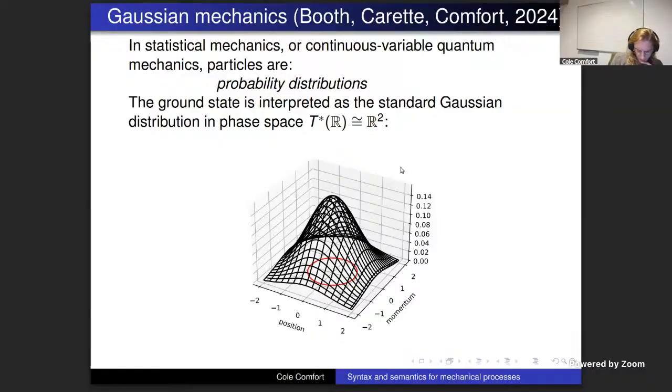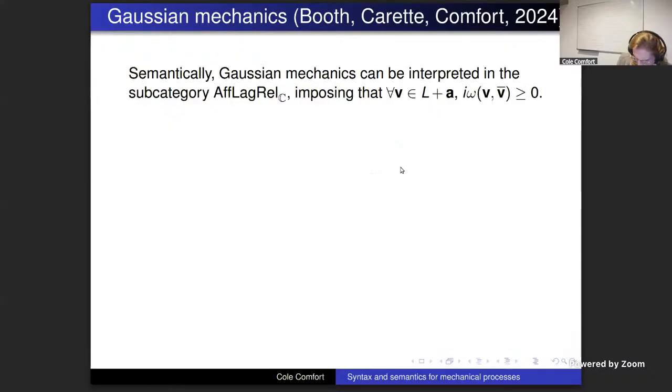So this is a bit more complicated, and in quantum information, the tools are not as developed as for finite-dimensional quantum mechanics, because there's a lot of analysis involved. But by shifting to this phase space relational approach, we find a very, very nice semantics for this Gaussian mechanics.